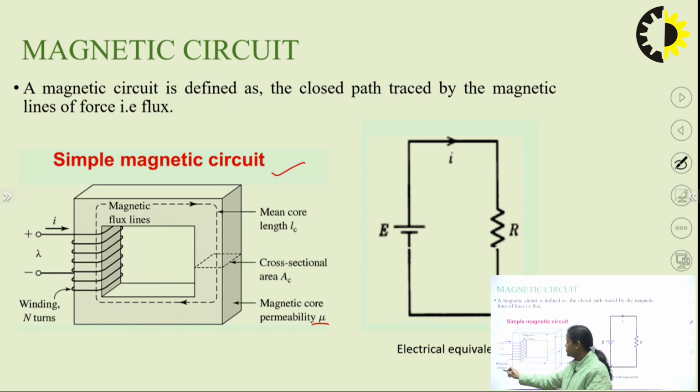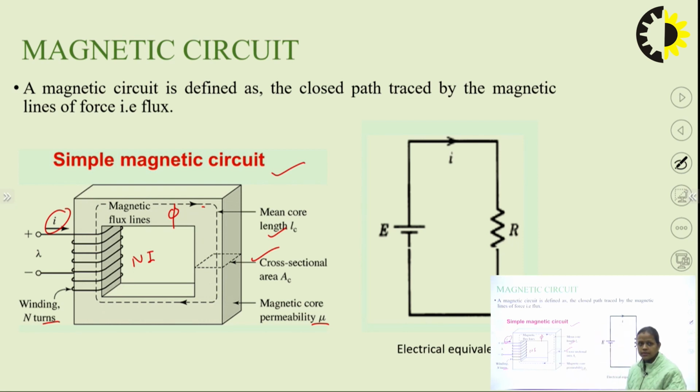Here we can see a winding with N number of turns. The current is flowing here. So MMF N into I will be generated here, and because of that flux will be produced. We can also see the mean length of the core and the cross sectional area. So this is a simple magnetic circuit, right?